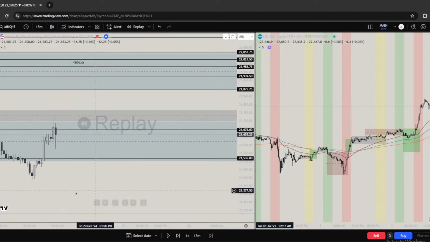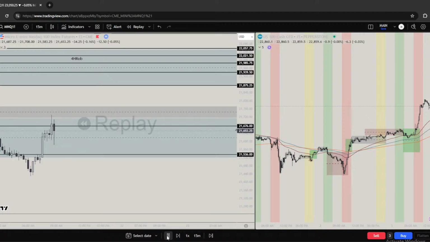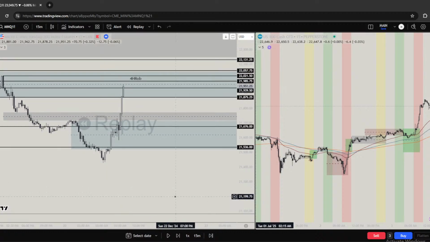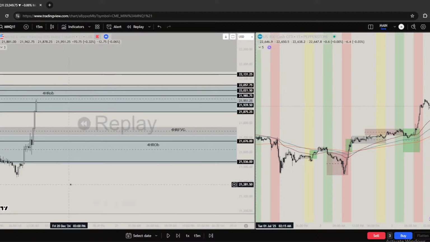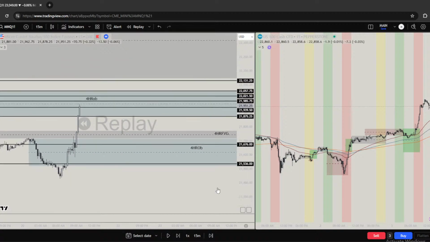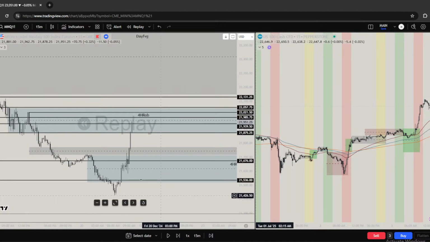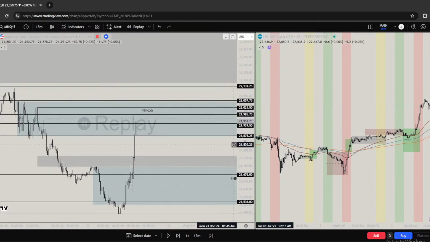Price holds up above. Yep. Damn, I couldn't even stop it. That's the one thing I don't like about TradingView, how you can't stop that. That's that move right there.